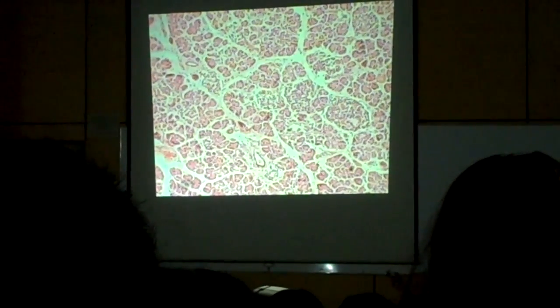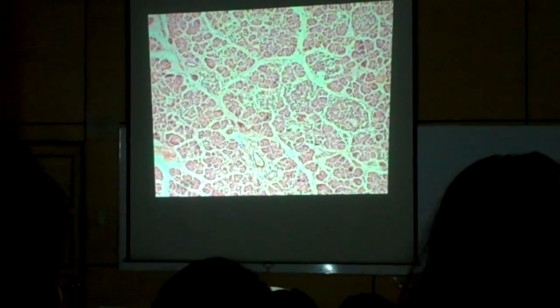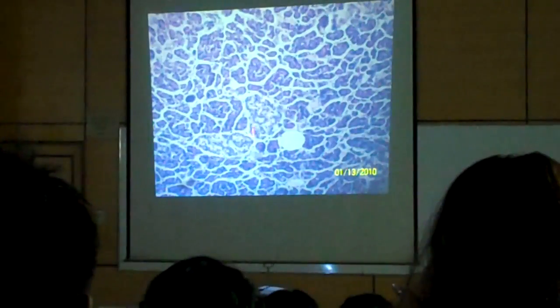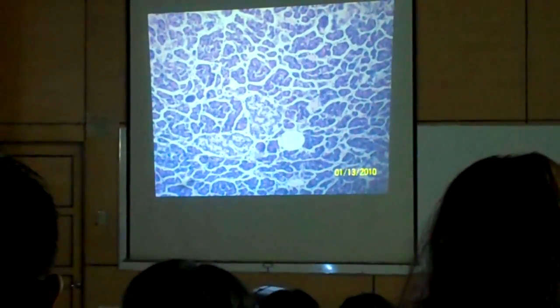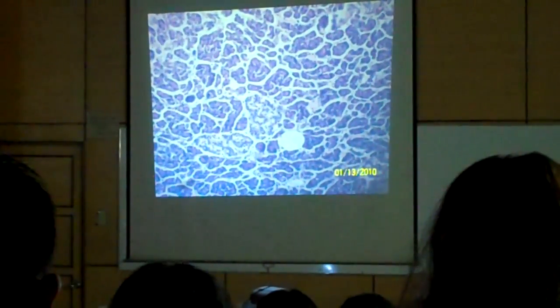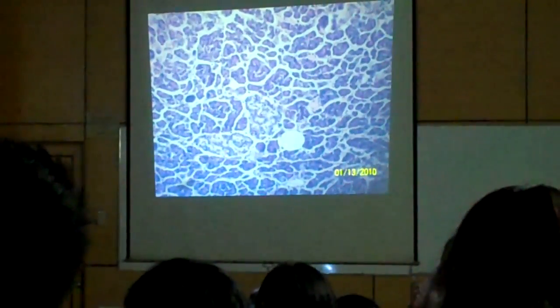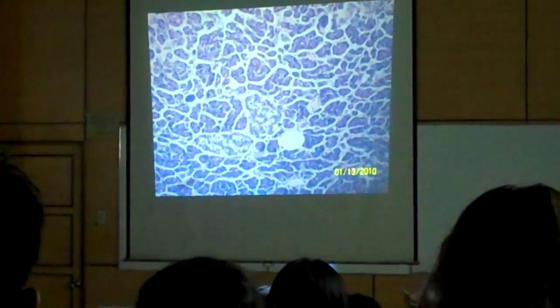Another slide on the pancreas, showing the islet. Here are the islets. We will not focus on high power, maybe on low or scanner, so you can see the relationship with the other structures within the organ.